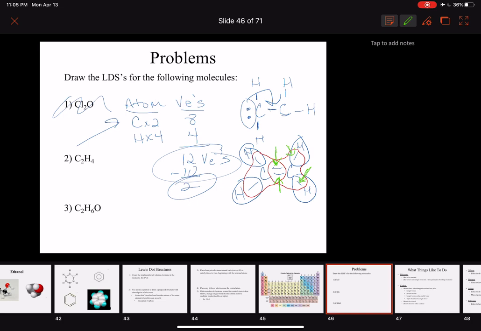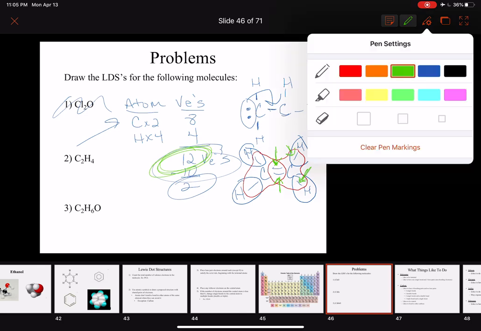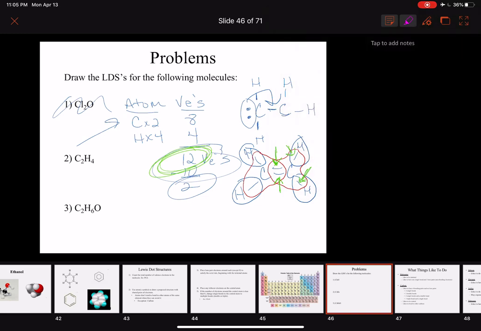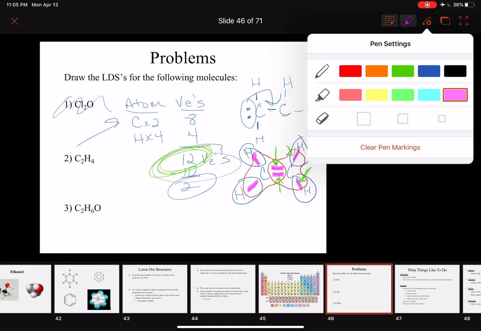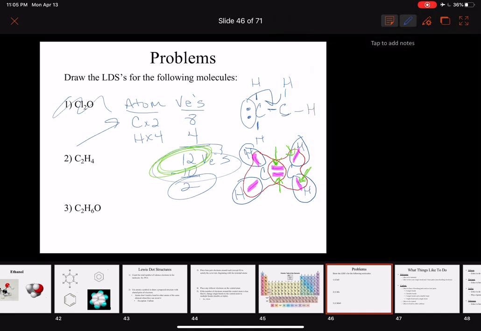And then if we wanted to count up just to make sure that we definitely had 12 valence electrons that we used, we could go, okay, 2, 4, 6, 8, 10, 12. Ding, ding, ding, ding. We've used up 12 valence electrons, and we have everybody with an octet or a duet here.